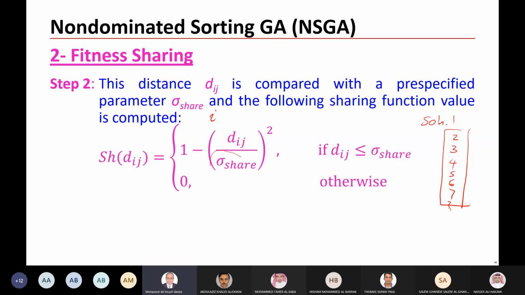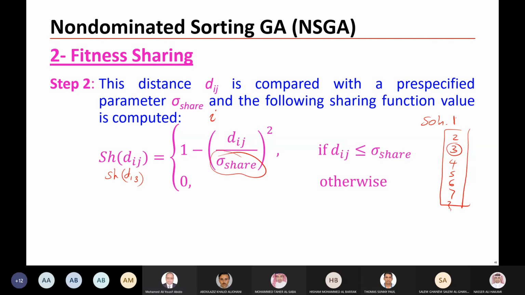You have sigma share. You compare the distances here. These are the distances. So you have 1, and the distance between 3 and 1 is below the sigma share. So you calculate this value. D1, D13 now. D13 is lower than sigma share, so the share of D13 equals a certain value that comes here.